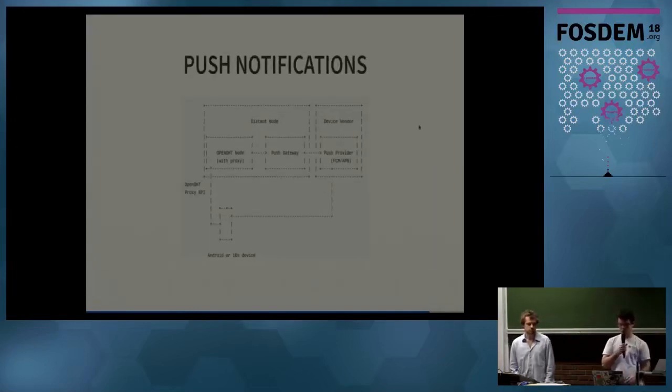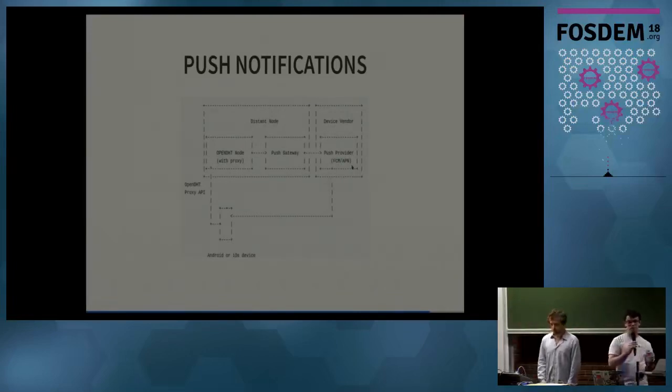And the thing is, we want the push notification system to be as distributed as possible, but push notification is centralized by default because you have what we call a push provider, like FCM for Android or APN for Apple. And you need to authenticate your notification to the push provider. So you need to store a key or a password somewhere.